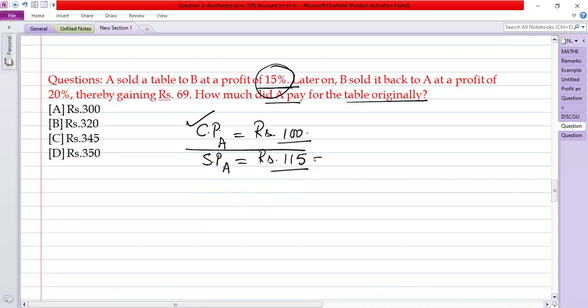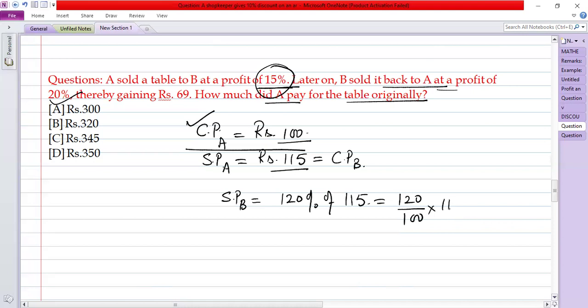Now this 115, obviously, is the cost price for B. And now B sold it back to A at a profit of 20%. Means what will be the selling price for B? It will be nothing but 120% of 115. So that will be 120 by 100 into 115.